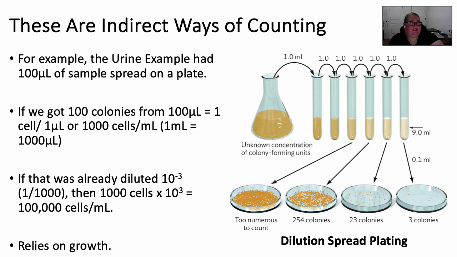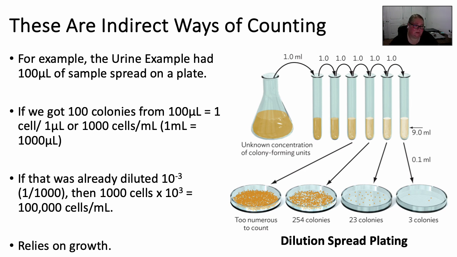Okay, so these are the indirect ways of counting. Using our plate technique, we can get a pretty good estimate of the concentration of a sample. The downside is it only tells us how many living cells, not how many dead cells we have in a sample. And it takes some time. We have to have growth. We have to have time for it to incubate.